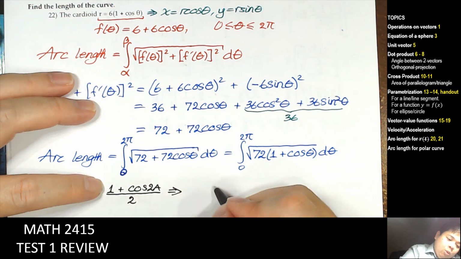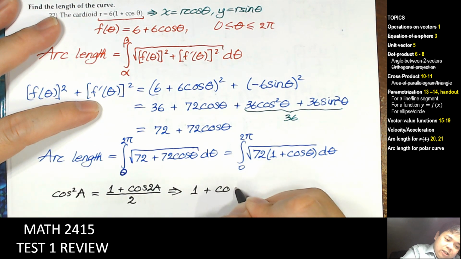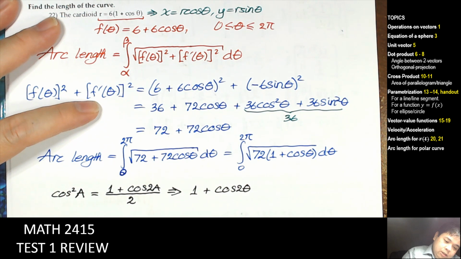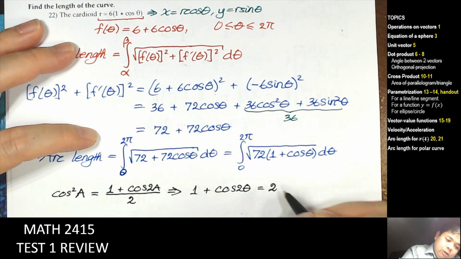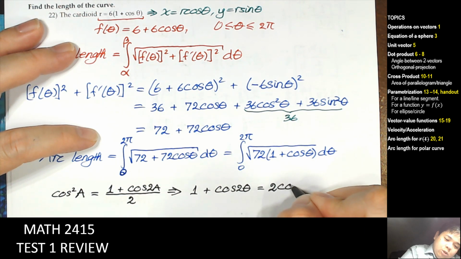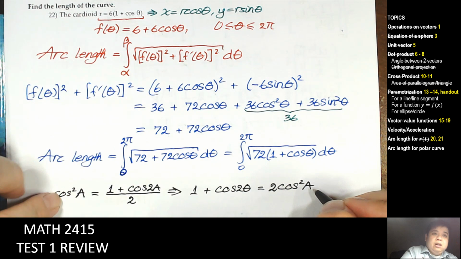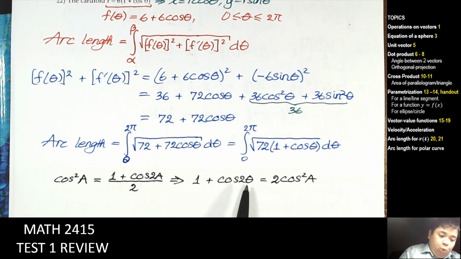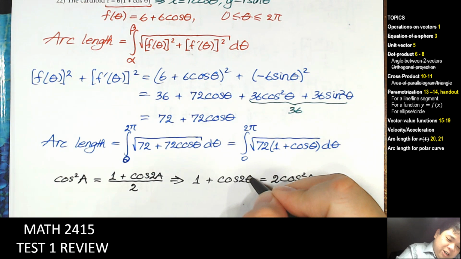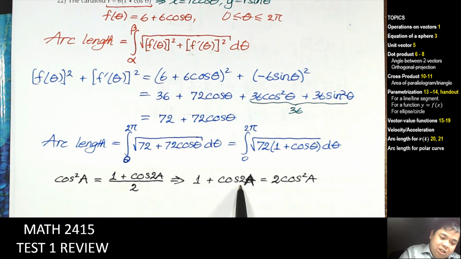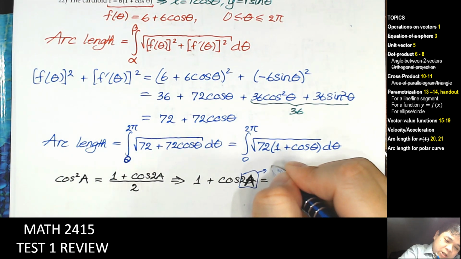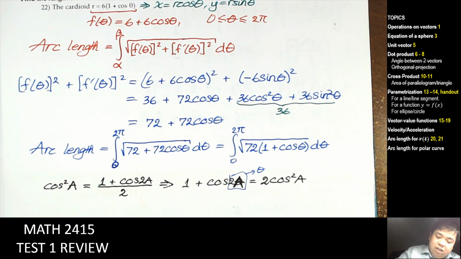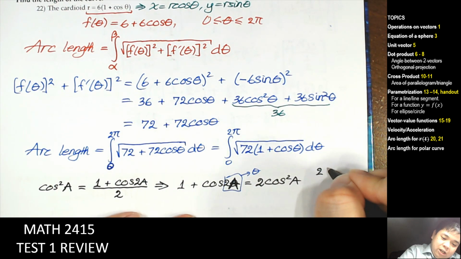So here we have 1 plus cosine of 2A equals 2 cosine squared of A. What I want is to turn this 2A into theta, meaning that we let 2A equal theta.